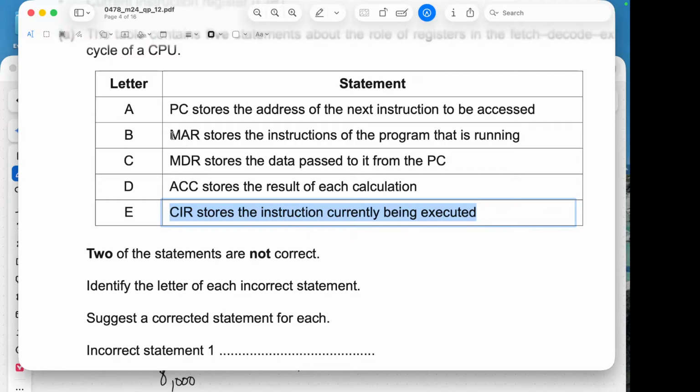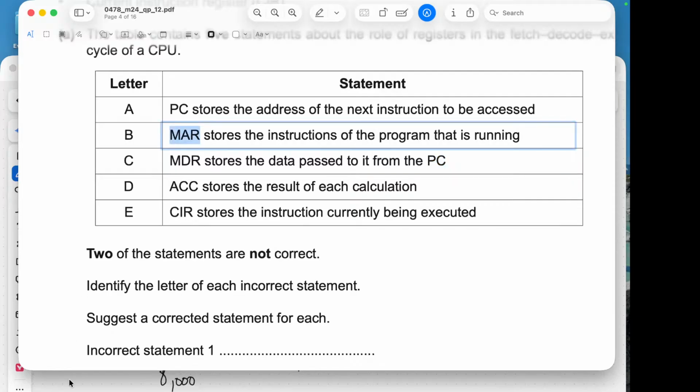So the MAR doesn't store instructions from the program that is running. It's got an A, for addresses, so it stores addresses, not instructions. And the MDR stores data passed to it from the PC. Well, it does store data, but it's not from the PC. It's from the input or output device, or the hard disk, or the RAM. It stores the data at the address that comes from the MAR.